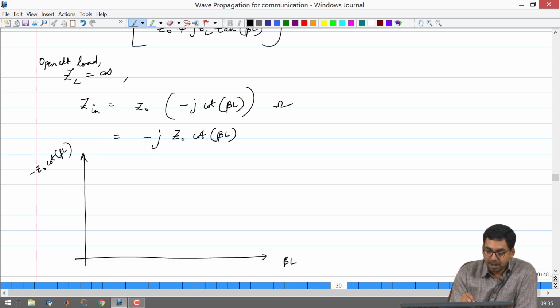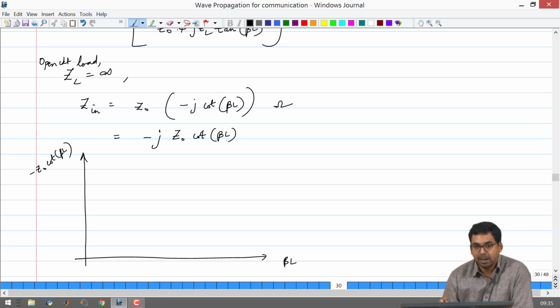If the entire quantity inside the square bracket becomes positive, then Zin will look like minus j something, similar to seeing a capacitance. If the term inside the bracket is negative, Zin will look like an inductance.